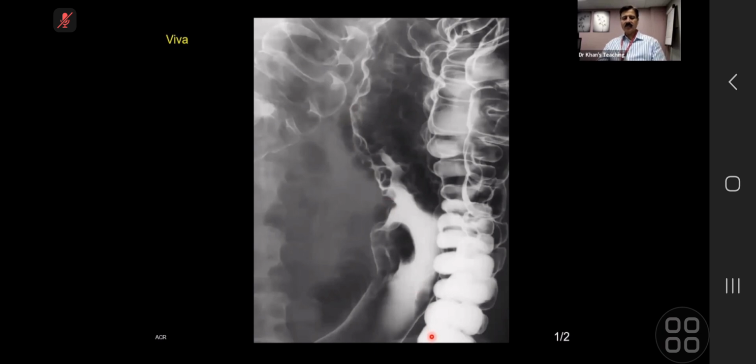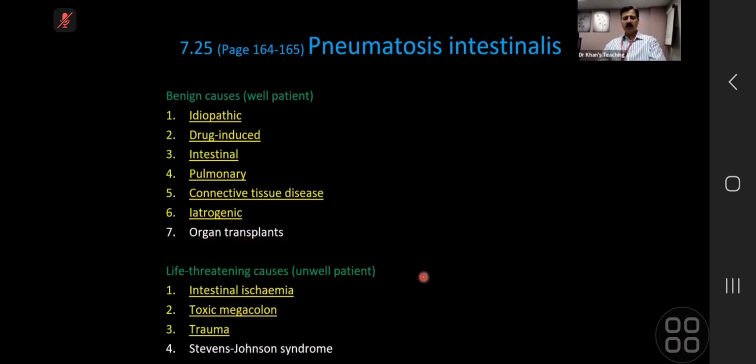So this is actually, I'd shown you similar cases in the plain abdomen one. This is pneumatosis coli. And pneumatosis coli, there is an entity in your book, pneumatosis intestinalis, benign, idiopathic. This is what we are talking about.